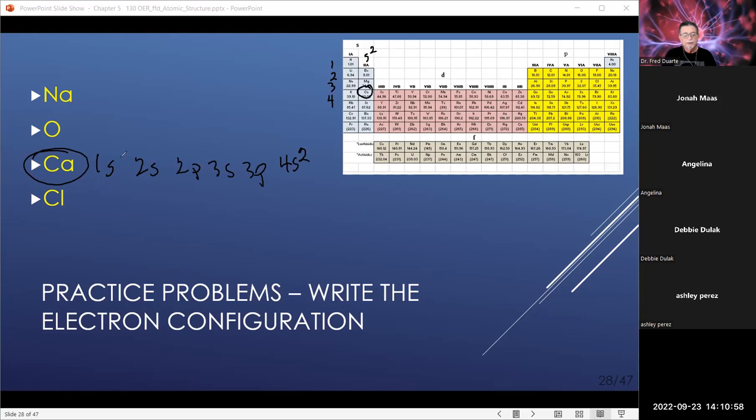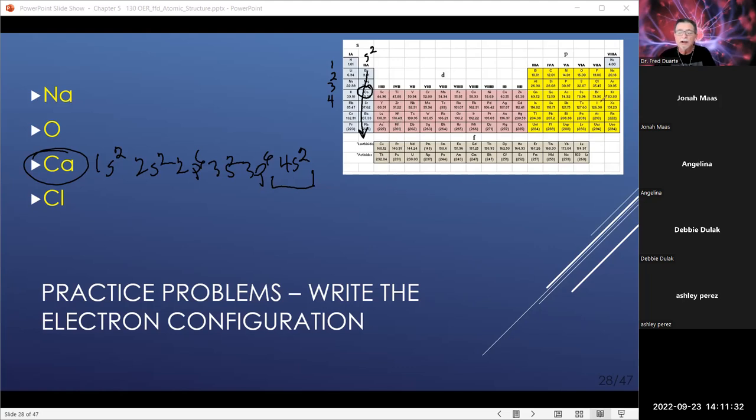We just put in the superscripts, and that should add up to 20 electrons. Of those 20 electrons, 2 of them are in the outermost shell, which is the 4th energy level. Remember, that's true for everybody in that group. They all have 2 electrons in the outermost shell.